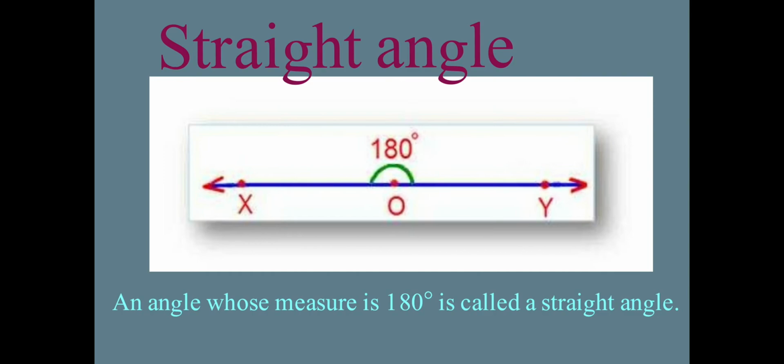An angle like this is called a straight angle. A straight angle measures 180 degree. The definition of straight angle is an angle whose measure is 180 degree.